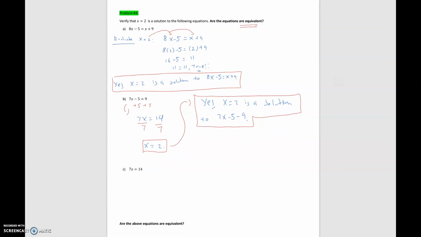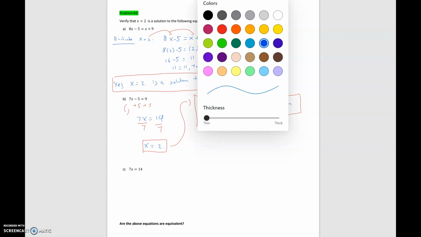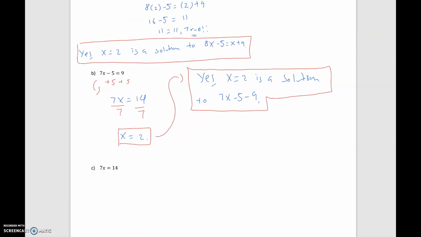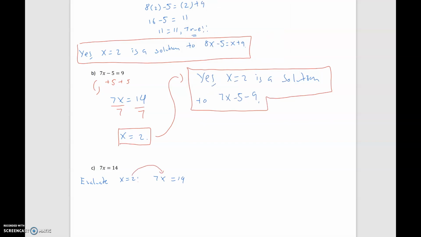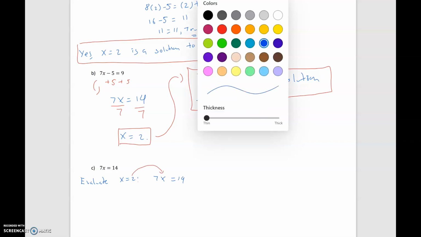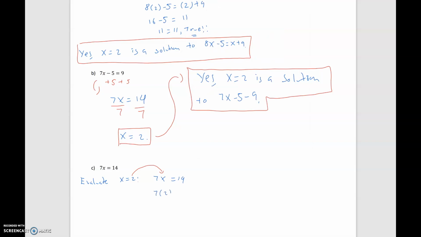For C, let me plug it in just so that we see it here. So in this case, evaluate x is equal to 2, and you're going to end up with 7x is equal to 14. Plugging in the 2, we end up with 7 times 2 is equal to 14. Let me fix this 14.